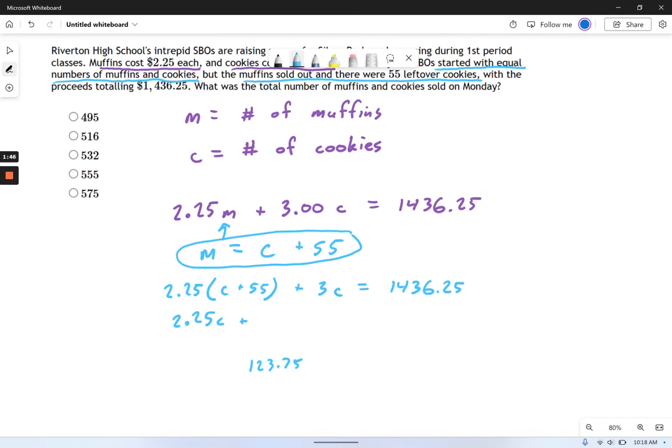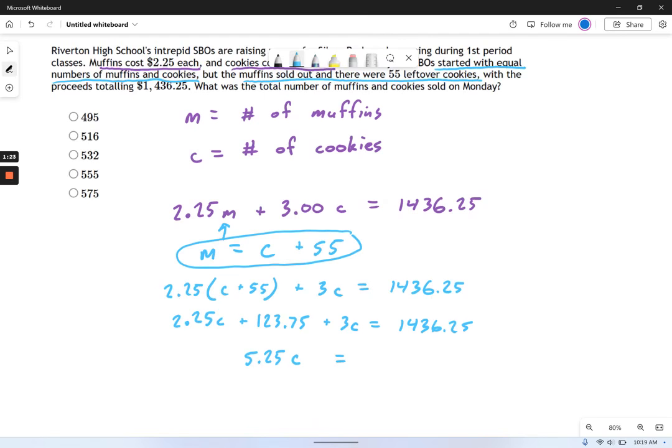So 2.25C plus 123.75 plus 3C equals 1436.25. Okay, now I need to keep on solving this equation. I'm going to combine terms wherever I can. I've got 5.25C now. I added my 2.25 plus my 3.